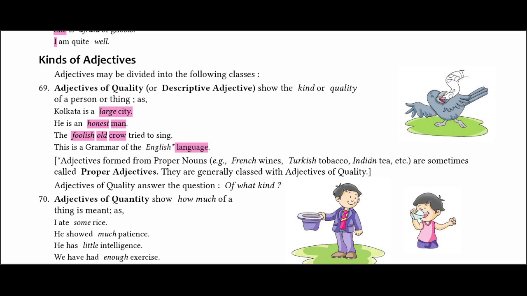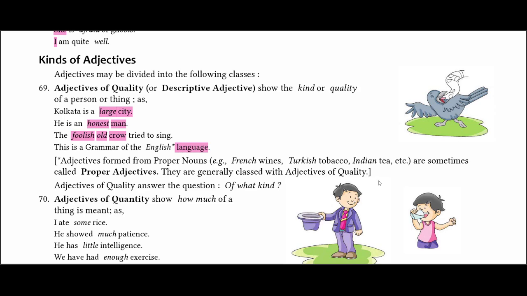Similarly, Indian tea. Tea is a noun, and Indian is an adjective that is describing the noun tea. It's telling the quality of the tea. So it's a descriptive adjective as well as an adjective of quality. But at the same time, since it is formed from a proper noun, India, we say it is a proper adjective.